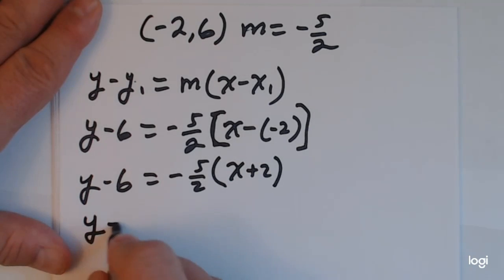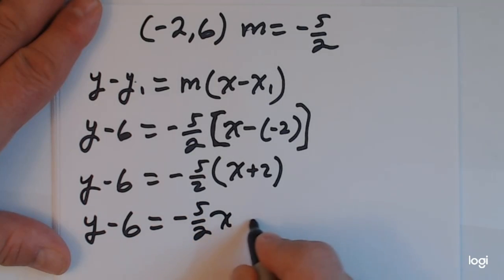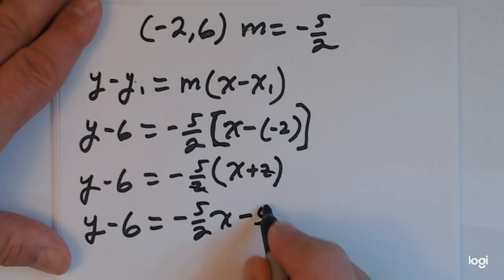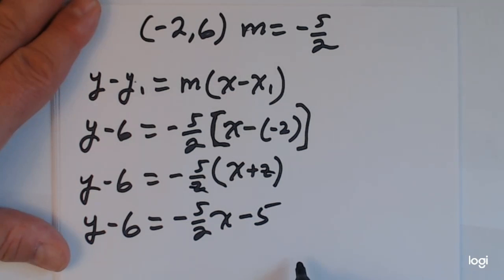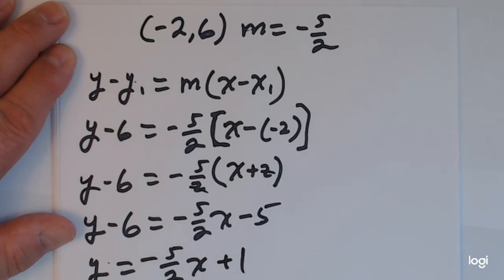Now we can distribute. y minus 6 is equal to negative 5/2 x minus, and these 2's cancel, minus 5. Let's add 6 to each side. y is equal to negative 5/2 x, and we have minus 6 plus 5 is plus 1.